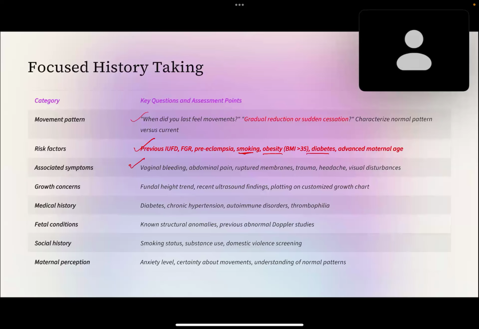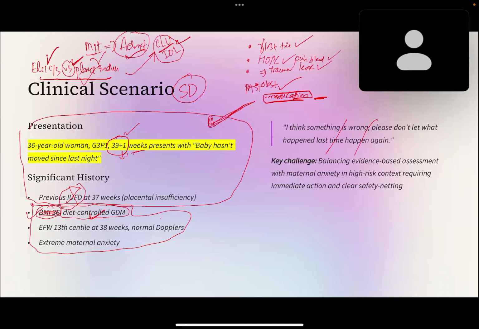Associated symptoms, you covered just trauma. Ask about the trauma as well. Any growth concern she previously had in this pregnancy, medication she is using, and anything on her anatomical survey or before that she has been told. Previously she had placental insufficiency, this was in your sheet.